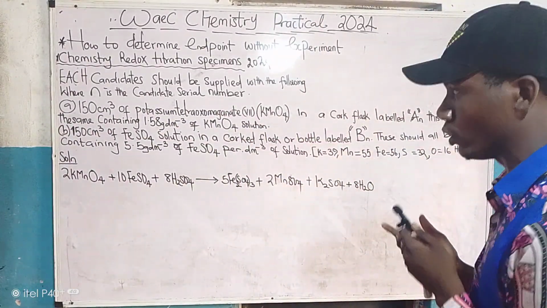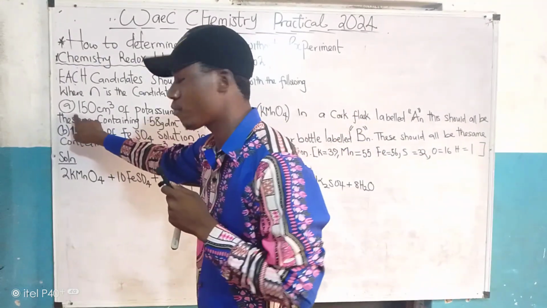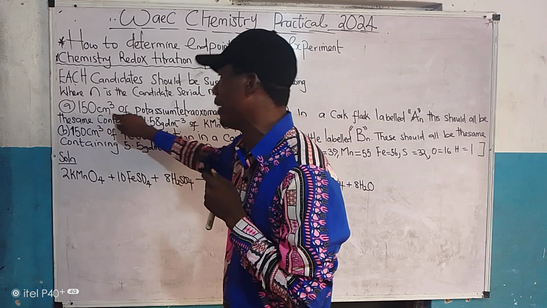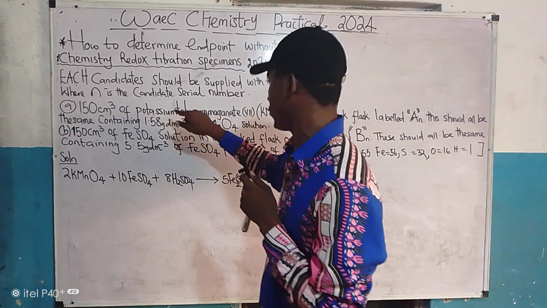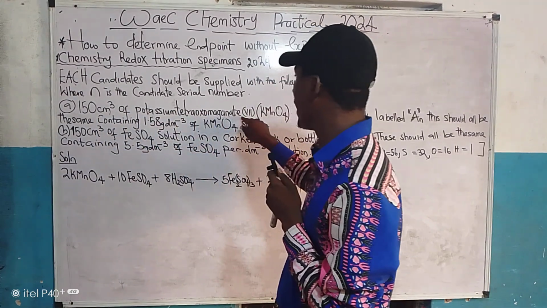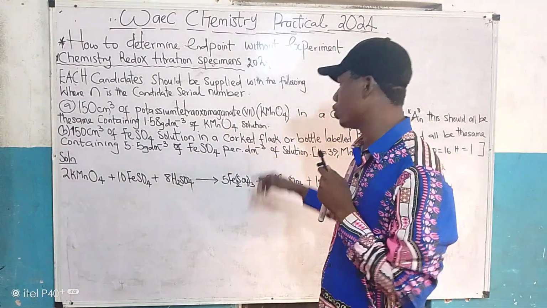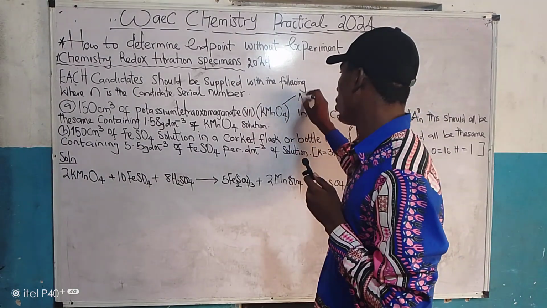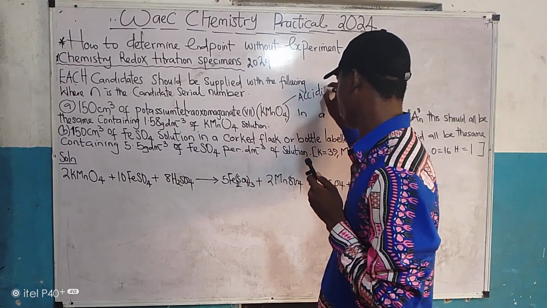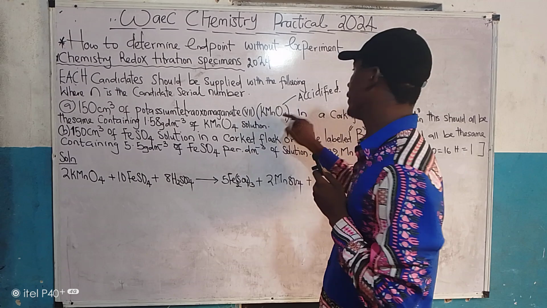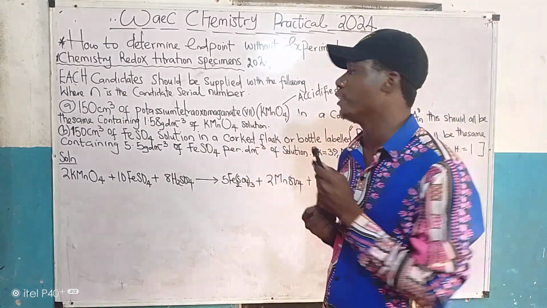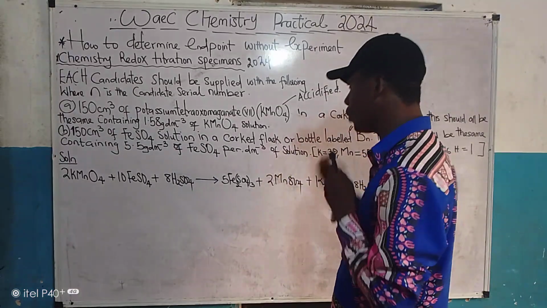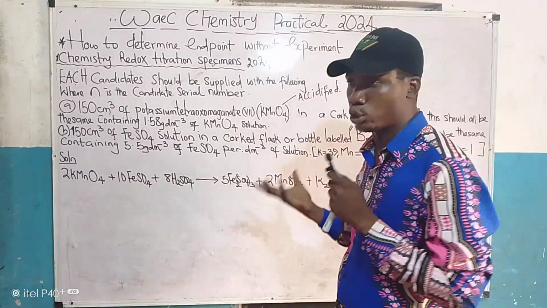This specimen contains, number one, 150 cm³ of potassium tetraoxomanganate(VII), which is your KMnO4. Of course, this must be acidified. To acidify means that you are going to add a few drops or 20 cm³ of H2SO4.